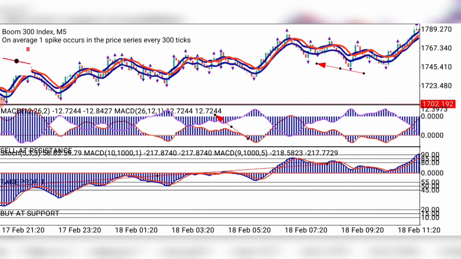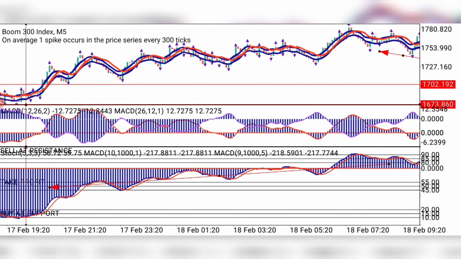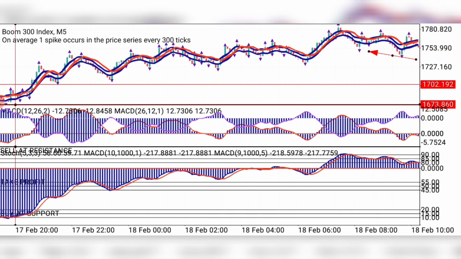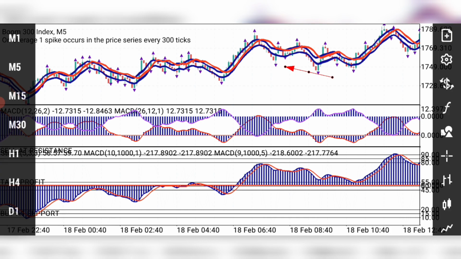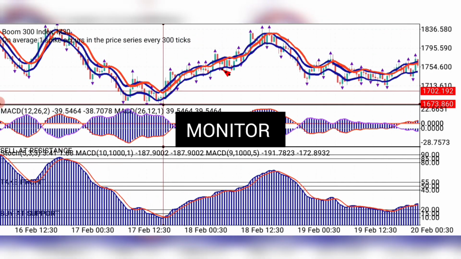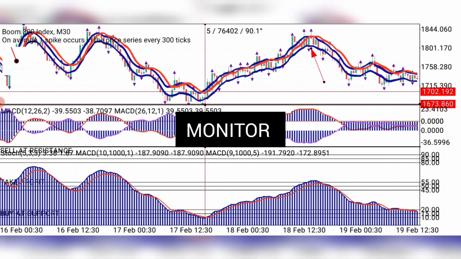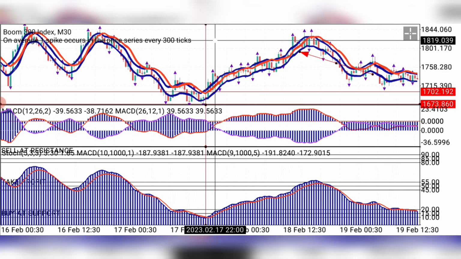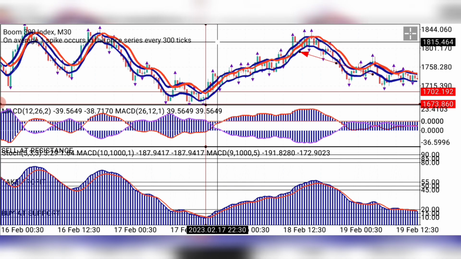When you trace the movement in the 30 minutes time frame, remember, once you've taken your entrance, all you need to do is switch back to your 30 minutes time frame and monitor the trade. Look at how the market bought up, and look at the resistance zone where it terminated.